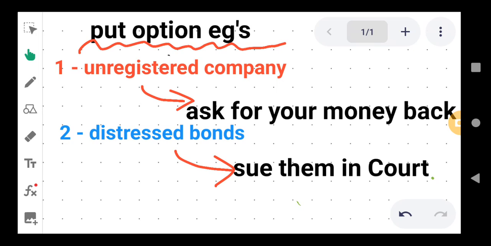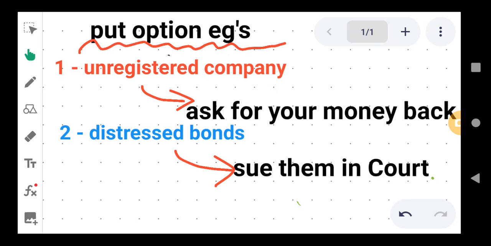And so this is where you don't need to exercise the put option. But if the worst comes to the worst, if Credit Suisse cannot solve the corporate restructuring problem and goes into bankruptcy, then this is where you can exercise your put option.